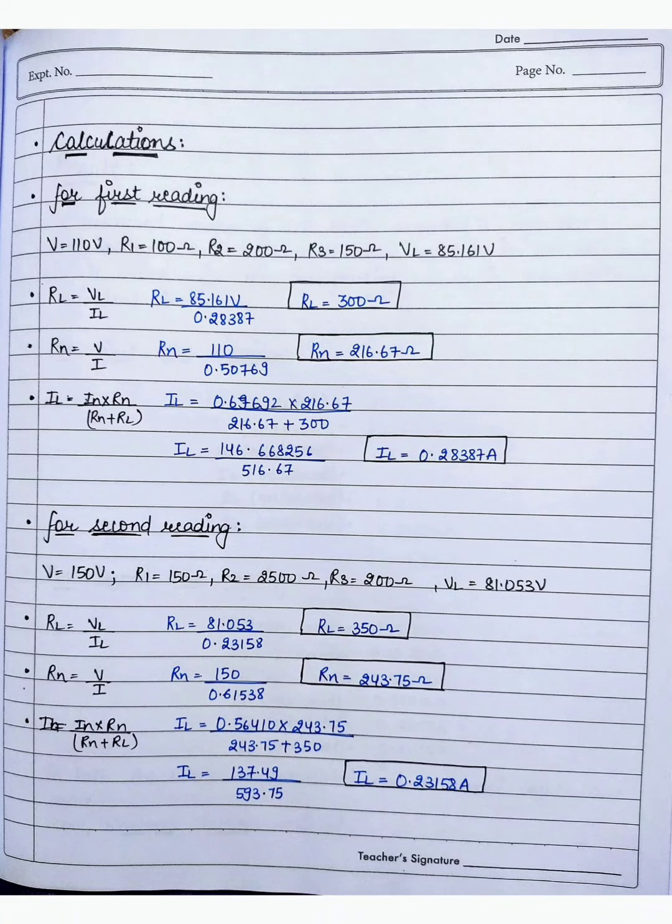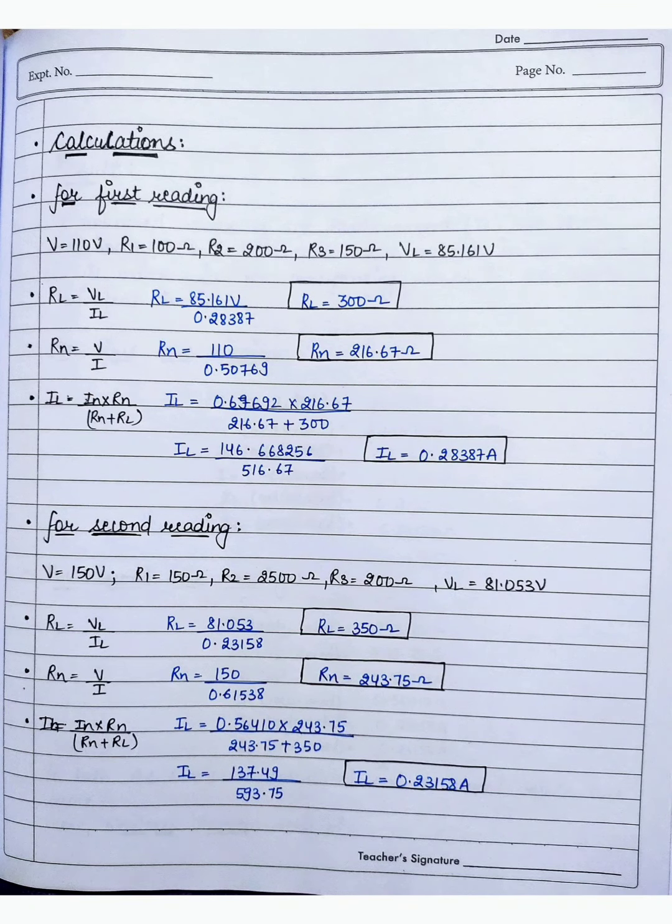Calculations. For first reading, V equals 110 volts, R1 equals 100 ohm, R2 equals 90 ohm, R3 equals 15 ohm, VL equals 85.161 V. RL equals VL divided by IL. RL equals 85.161 volts divided by 0.28387, RL equals 300 ohm.